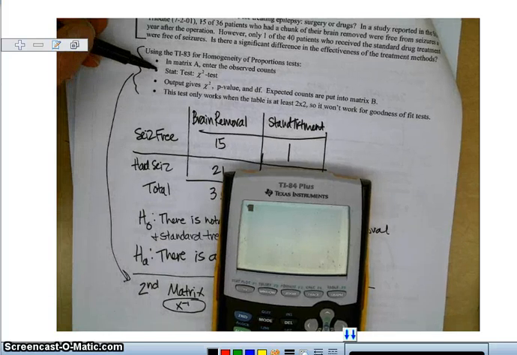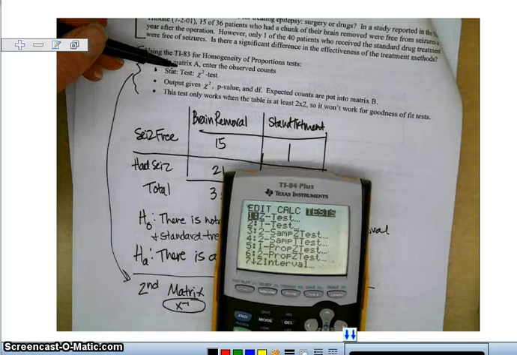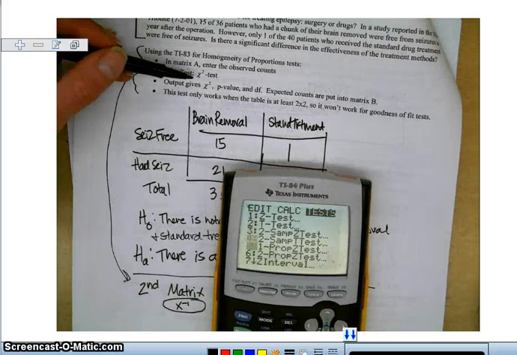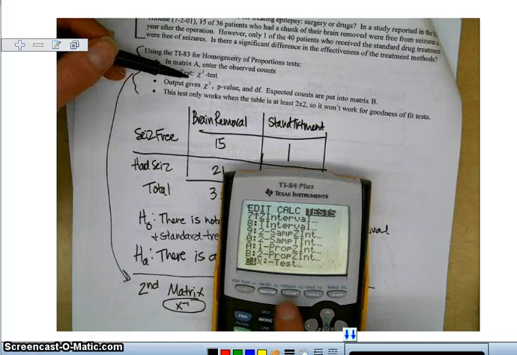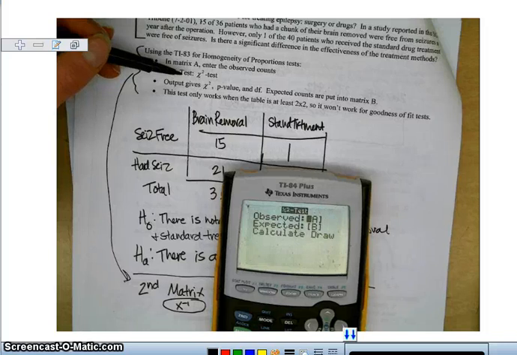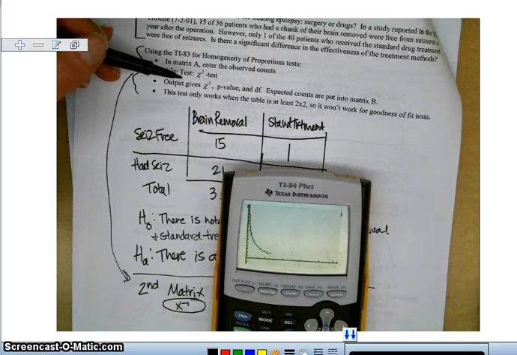So the next thing I need to do is go to my stat test. It's going to be a chi-square test, which is letter C. Hit enter. My observed is in matrix A. My expected, it will put in matrix B. And I would like to draw this. Drawing it will actually give you the chi-square distribution.